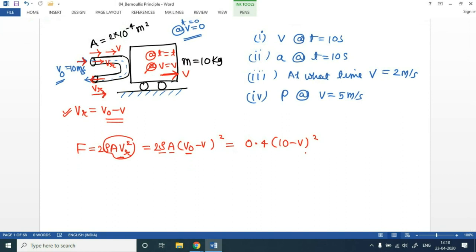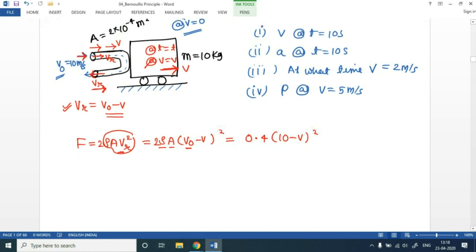Once we have got the force, we can write the equation of force. F is equal to m times dv by dt. F we can equate with m times acceleration, which is dv by dt, and F we already know, that is 0.4 into 10 minus v square, and m is given to us as 10 kg, so 10 into dv by dt.